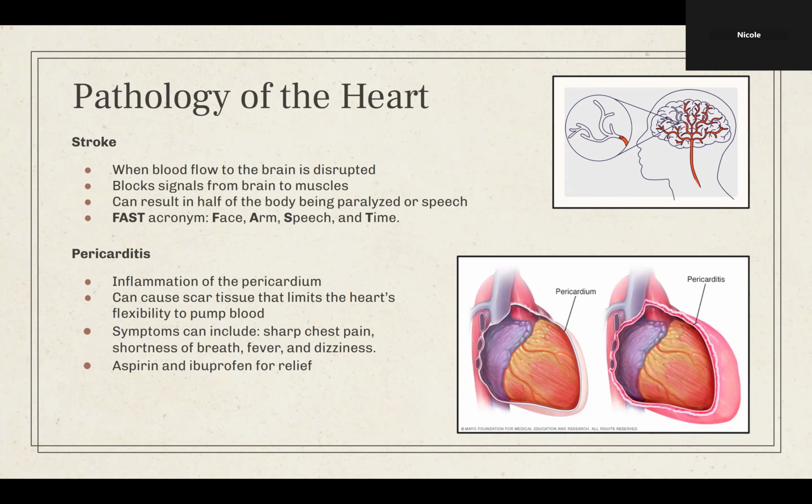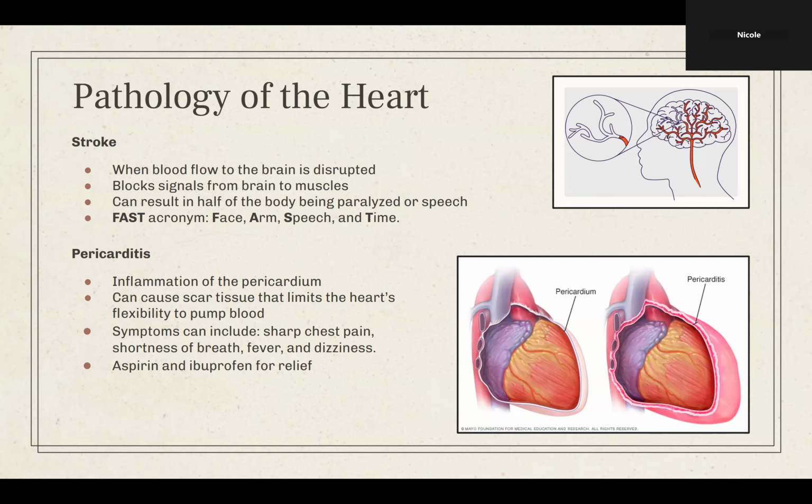Not many people know about this, but it's the inflammation of the pericardium. So the pericardium, as you can see in this diagram on the right, is a sac that your heart lies in, and pericarditis is basically the inflammation of that. Pericarditis can cause swelling, and it can also cause scar tissue.